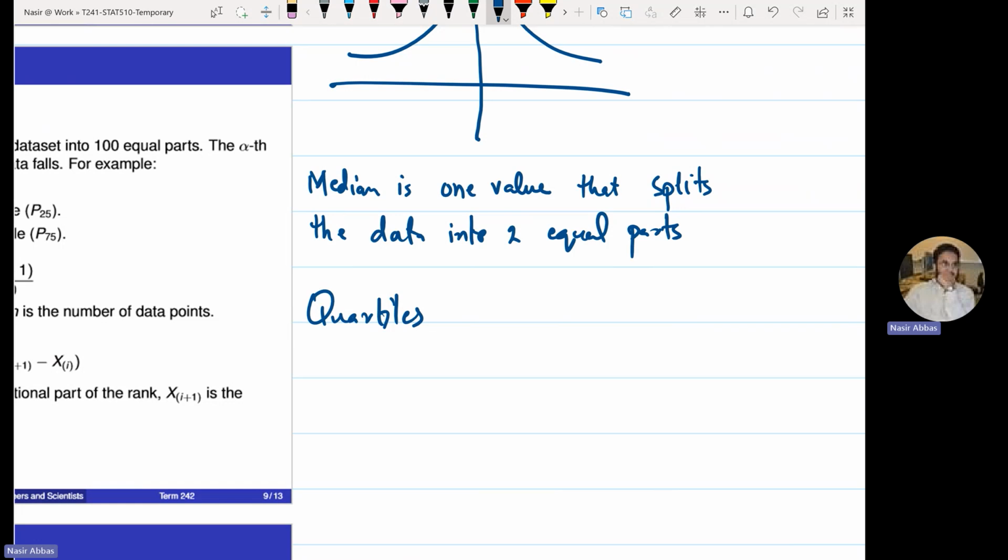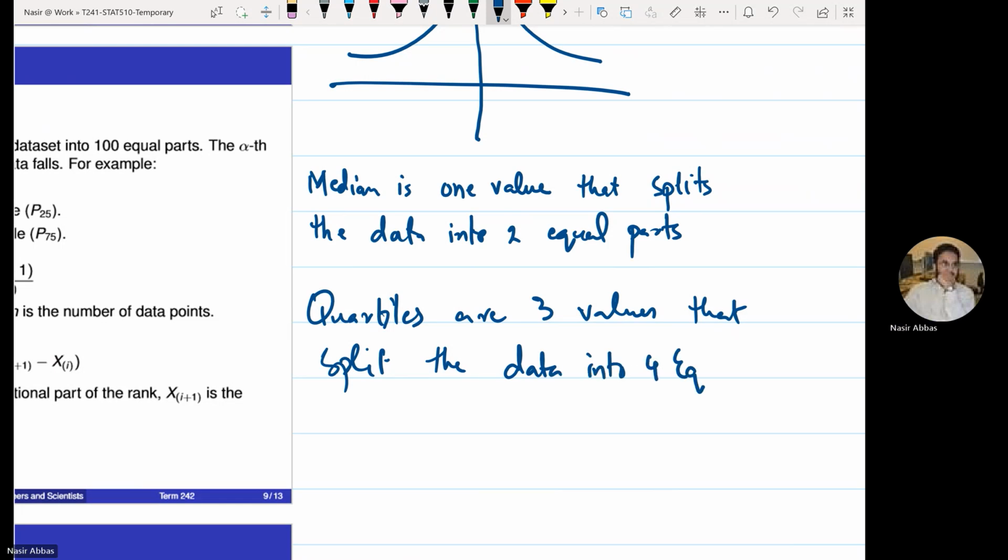These are three values, not four parts. Yes, these are three values that split the data into four equal parts.